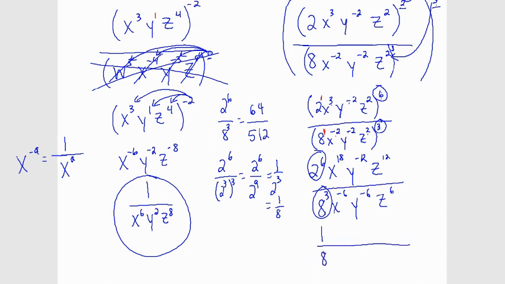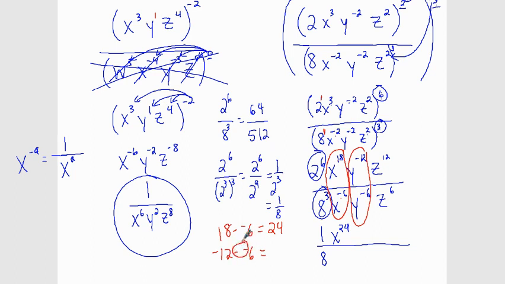And then for the rest of this, let's just use our subtraction rule since I'm running out of space. So we got the x's here. So that's 18 minus a negative 6. That's 18 plus 6, so that's 24. So I get x to the 24th up top. I've got y to the negative 12th, y to the negative 6th. That's a negative 12 minus a negative 6.